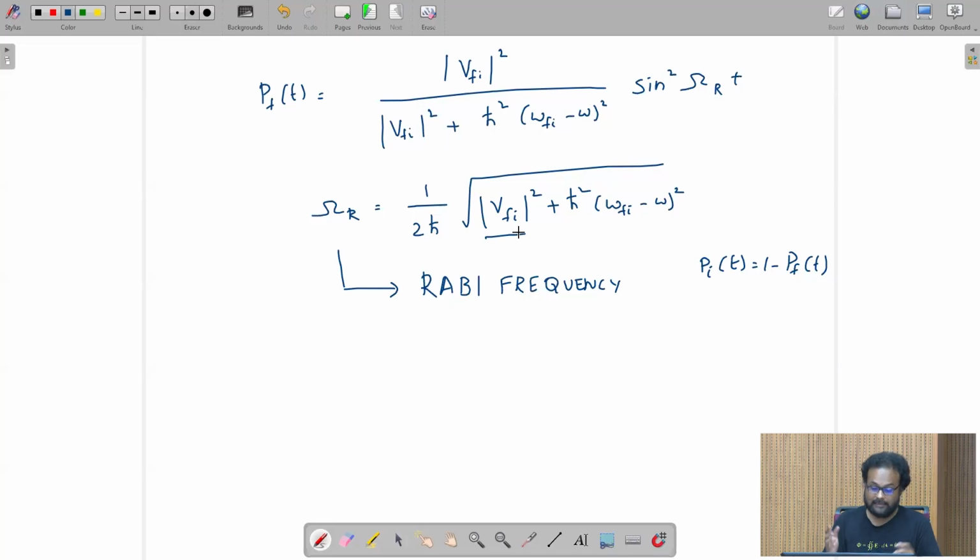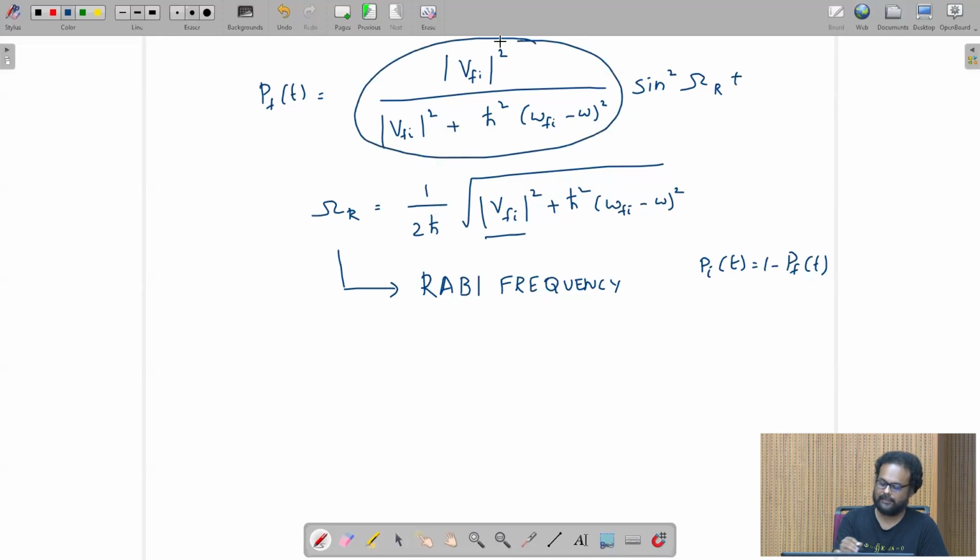The other thing is that if I just look at the amplitude of this oscillation, you know what this function looks like. Is this something you have come across? Come again? It's a Lorentzian function. Very good.